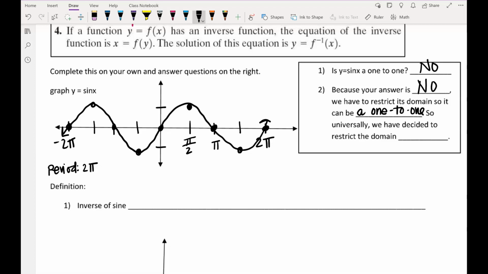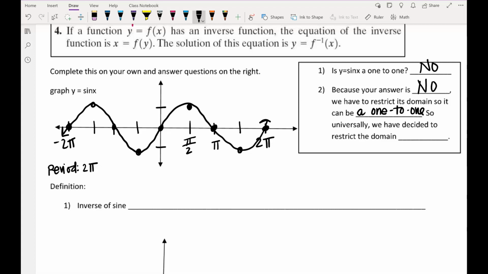So universally, you guys are all mathematicians, right? We come together like, okay, look at this graph for me. As mathematicians around the world, where would we cut off so this sine function can be one-to-one?